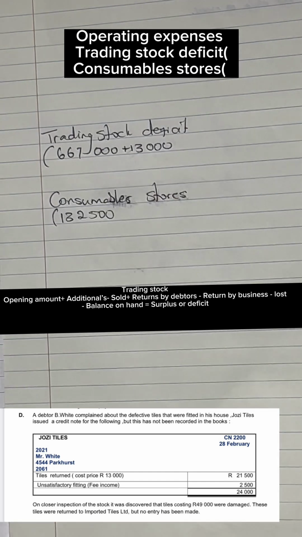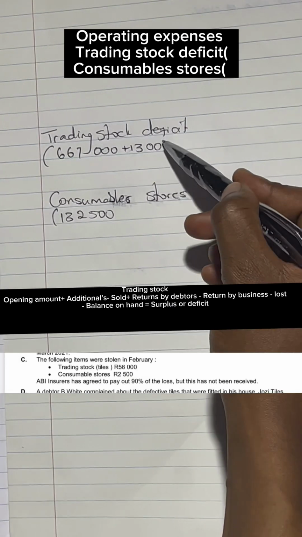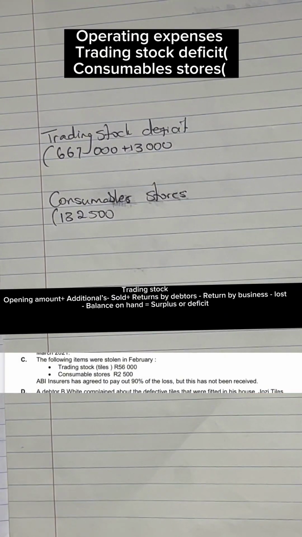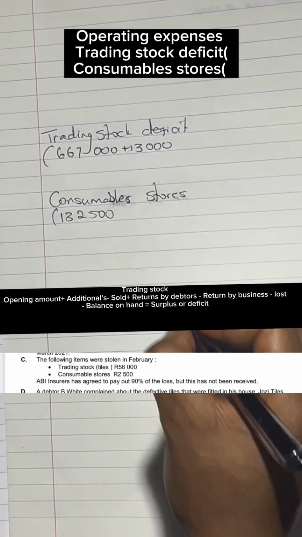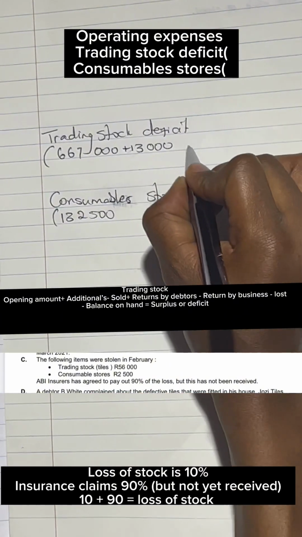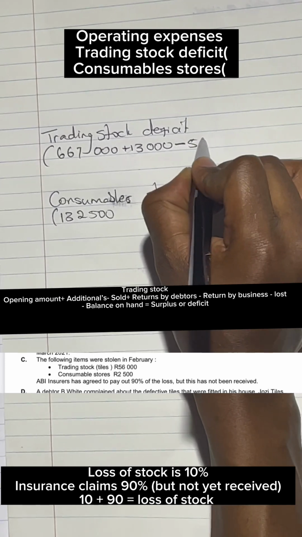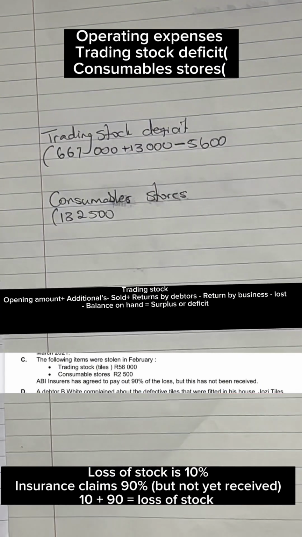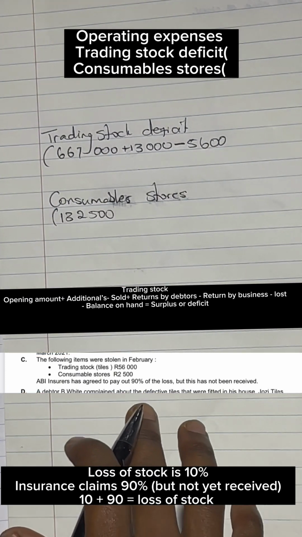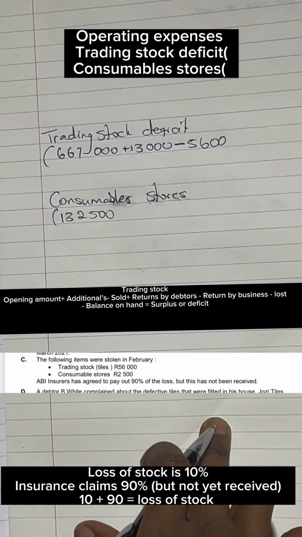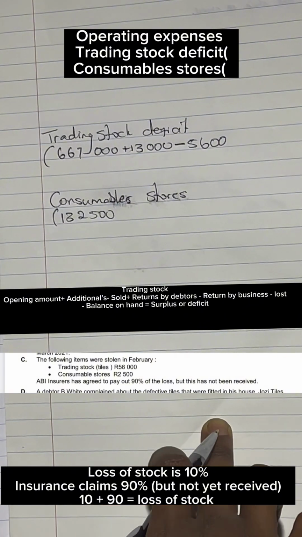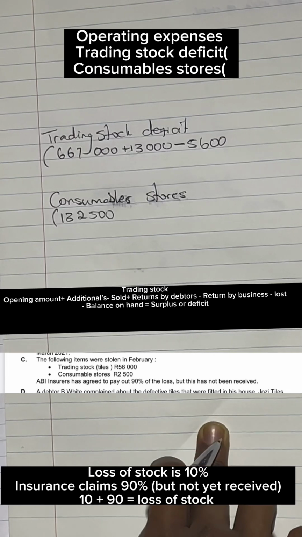And then we have a transaction whereby we lost 10% of our trading stock due to theft, and that amount, 5,600, is subtracted. Let's go to information C. It says ABI Insures has agreed to pay out 90% of the loss, but this has not yet been received.